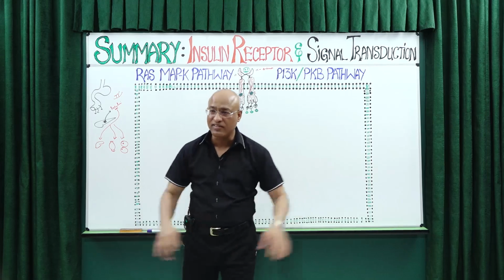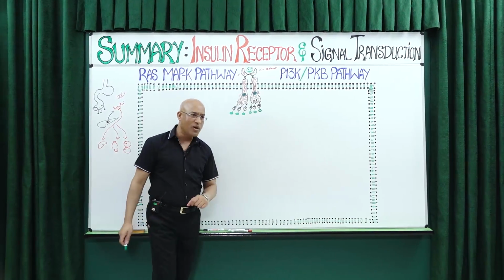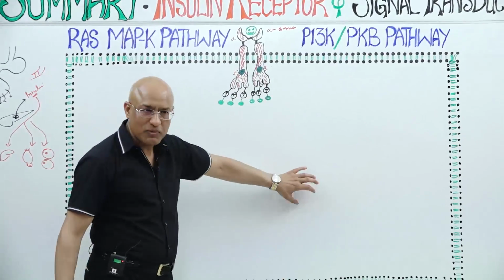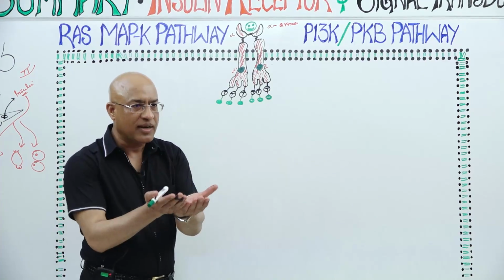They want to give signals, right? And for dancing, they need a dancing floor. In the cell, within the cytosol, there is a protein which acts as a dancing floor.